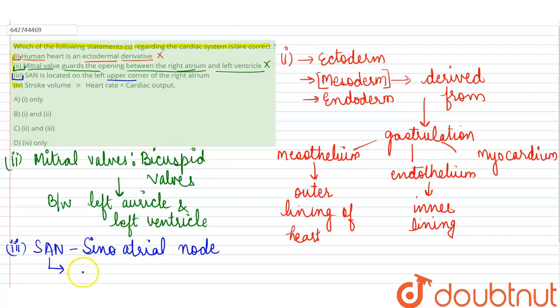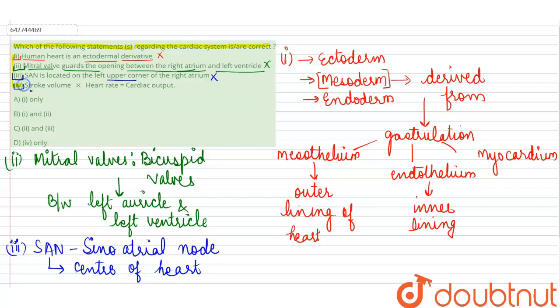It is present in the center of the heart, that is between the auricle and ventricle. But here it was mentioned that it is present on the left upper corner of the right atrium, which is incorrect because it is present in the center. Moreover, this is the pacemaker of our heart. So this is about the sinoatrial node.